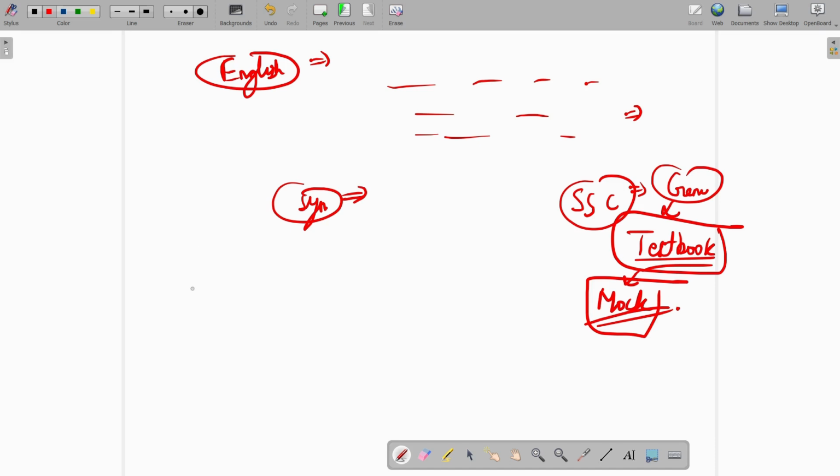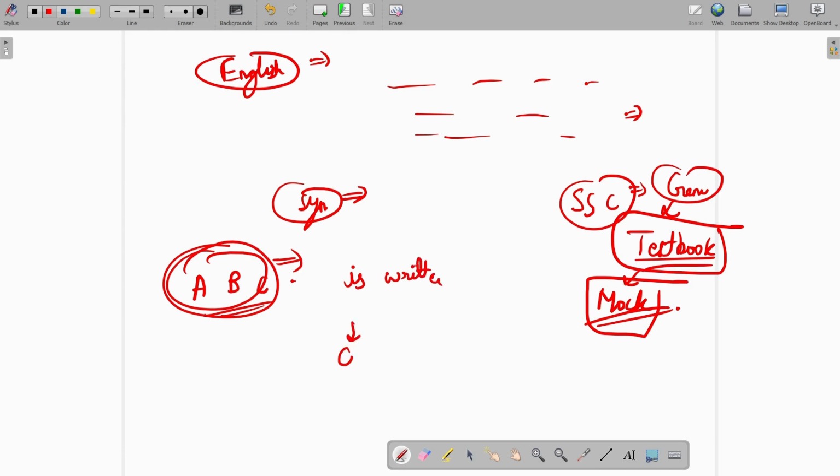In the reasoning aspect, what comes is A, B, C, D. Sometimes coding questions come, like if ABC is written as XYZ, how can this be written?